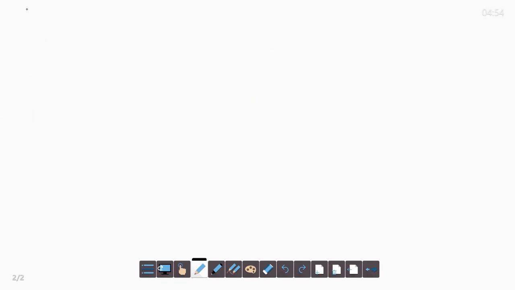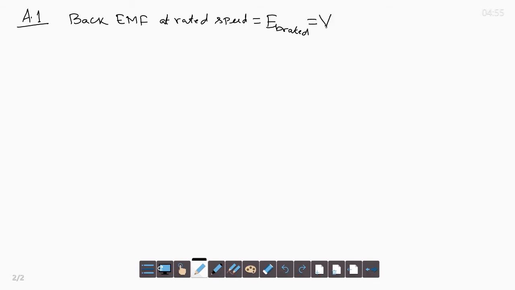So, we will solve this numerical, which is for a separately excited DC motor fed from a single phase full converter. First thing we will determine the back EMF constant. For that we have to determine the back EMF at rated speed: EB rated equals VA minus IA RA.